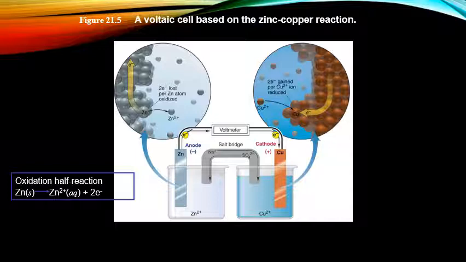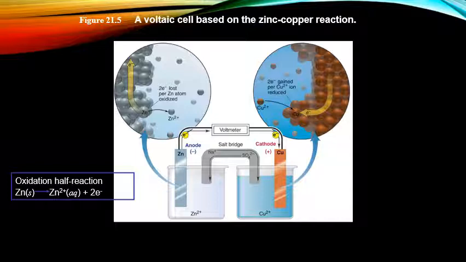What I do want you to notice though is the direction of flow on the salt bridge. This is something that you'll have to label all the time. And so as I was saying, if you ever wondered why we call something an anion or a cation, it's due to the motion of those ions in the salt bridge towards either the anode or the cathode. We want to have a balance in the solution.